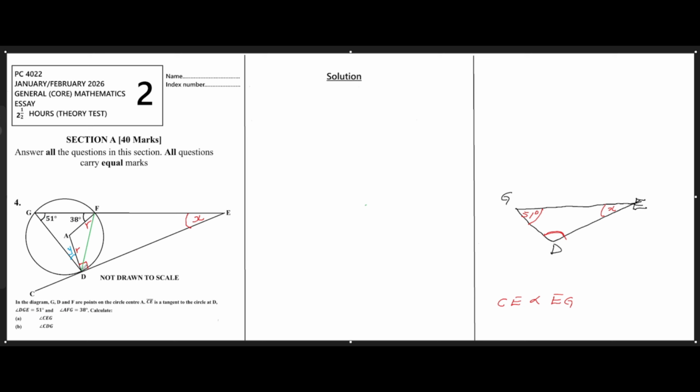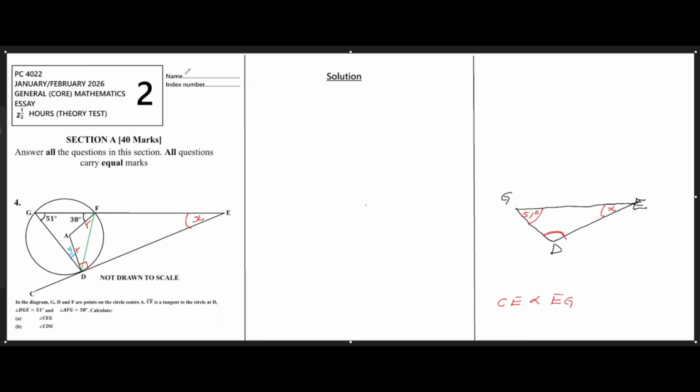So you could see that the chord DF is creating two angles, one at the center and then one at the circumference. What we are saying is that the angle at the center is twice as big as the angle at the circumference.